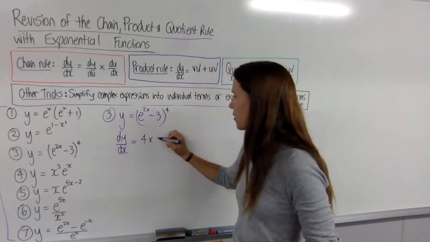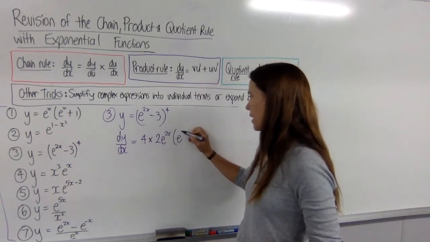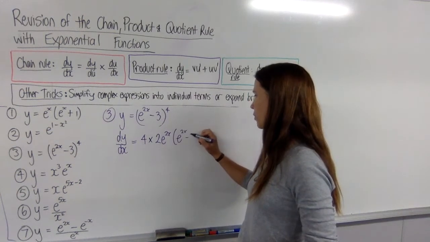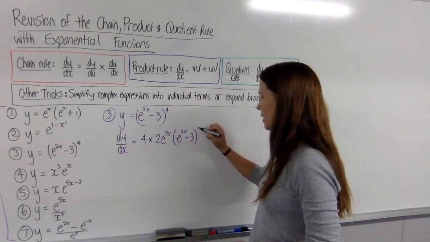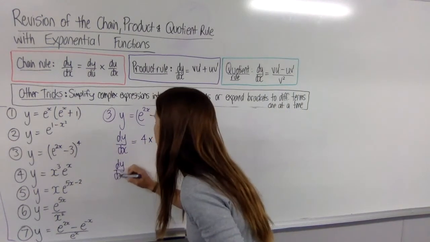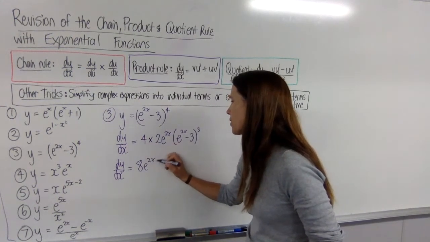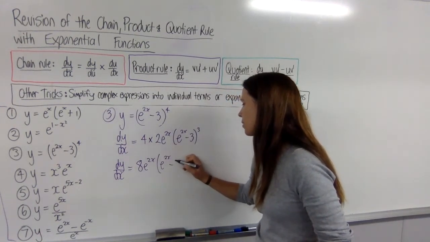So I need that out there as well. Then I just rewrite everything that I was given in the brackets, but drop the power down by 1. That's the rule. Now I can rewrite it and say, well, that's actually 8 lots of e to the power of 2x. And I've got all of this still.